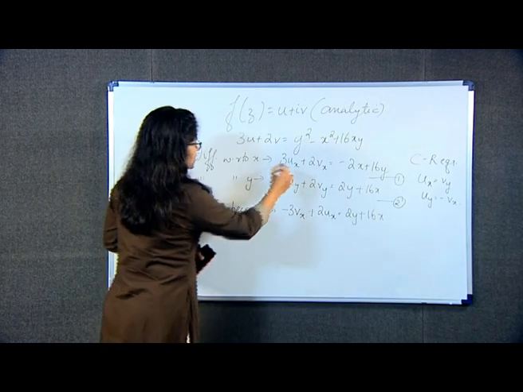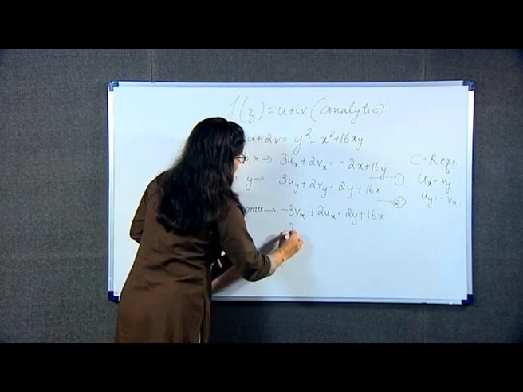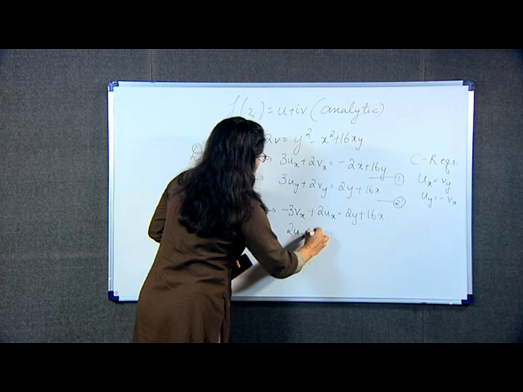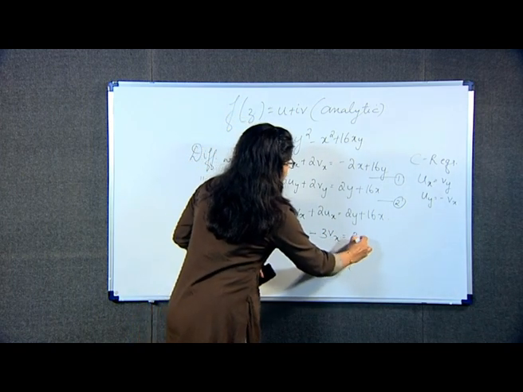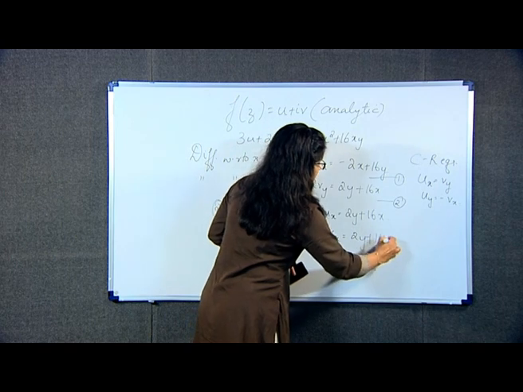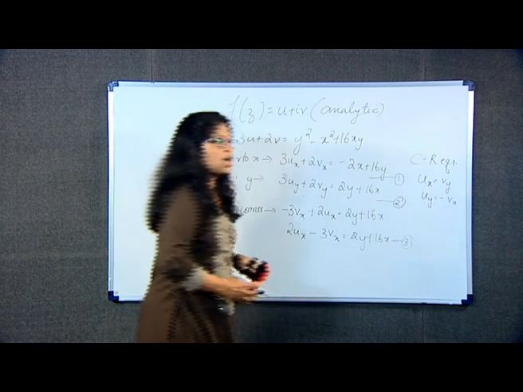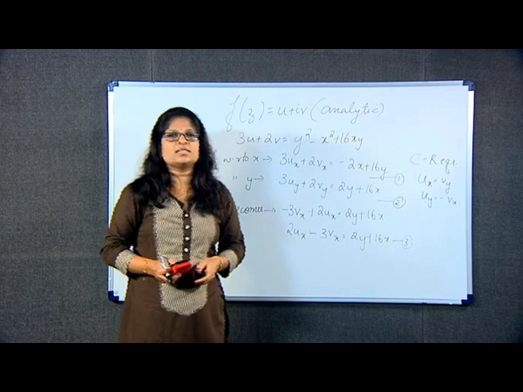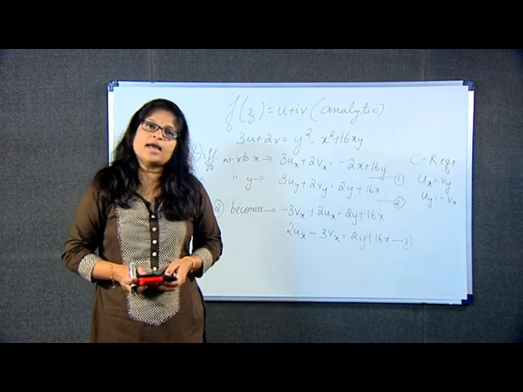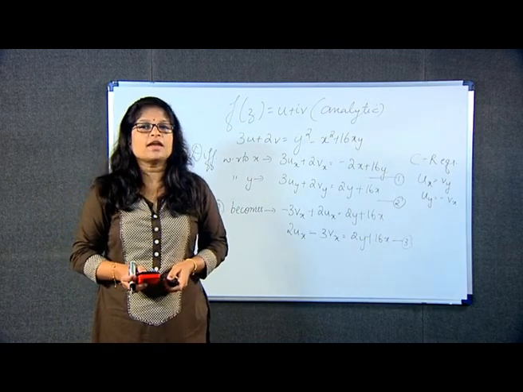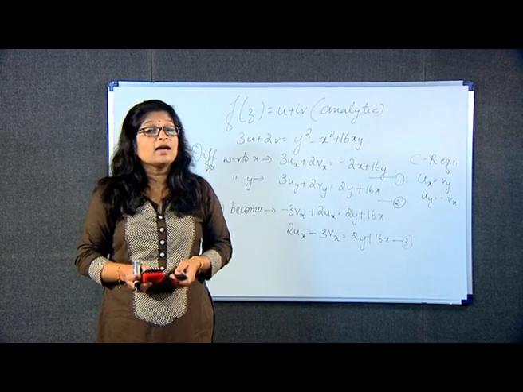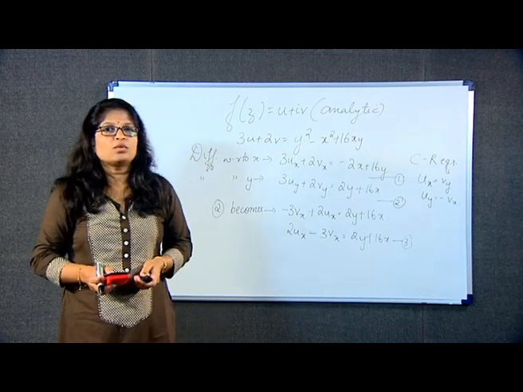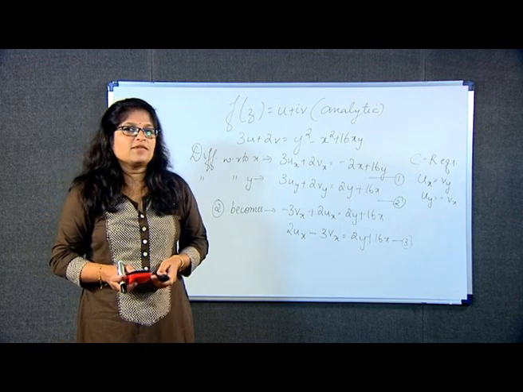I write it in the same order as equation 1. I get 2ux minus 3vx is equal to 2y plus 16x. Now I have 2 equations in hand and I can solve them simultaneously to find ux and vx.